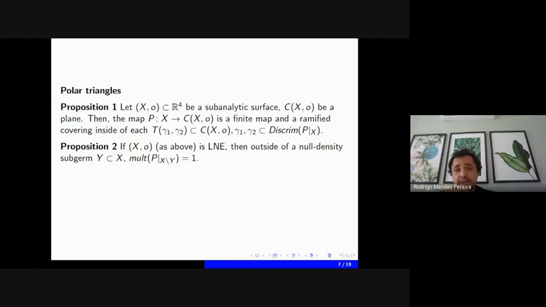Then this projection is a finite map and a Ham-Phi cover inside of each triangle, where this triangle means the region bounded by two arcs contained in the discriminant of this projection.